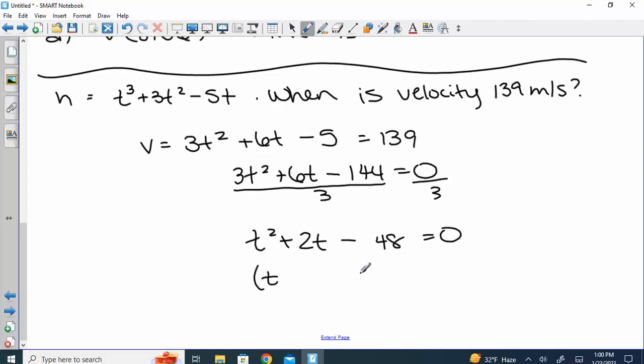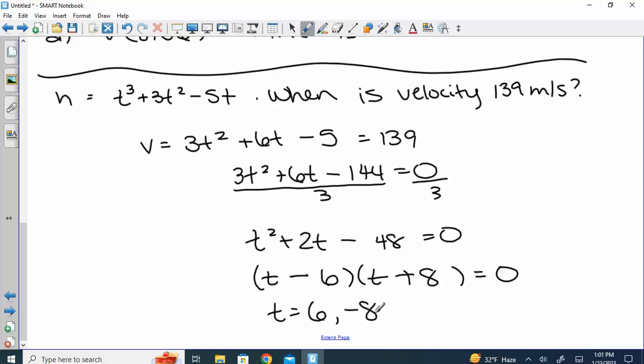So, multiply to negative 48 and add to positive 2. 6 and negative 8. Are both of those possible? Can you have a negative time? No. So how long does it take? 6 seconds.